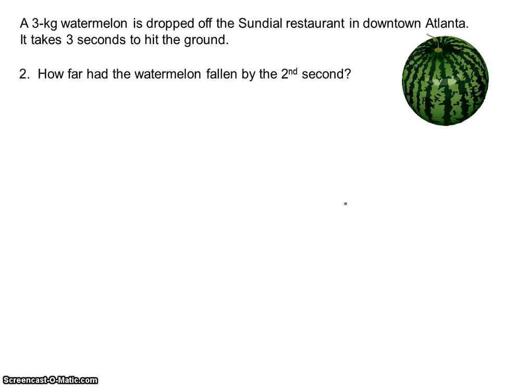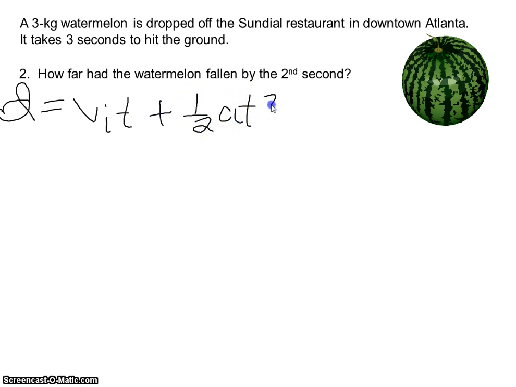The second part of the problem was how far had the watermelon fallen when it had only been fallen for 2 seconds. So this is before it hit the ground. So we have distance is equal to the initial velocity times the time plus 1/2 AT squared.